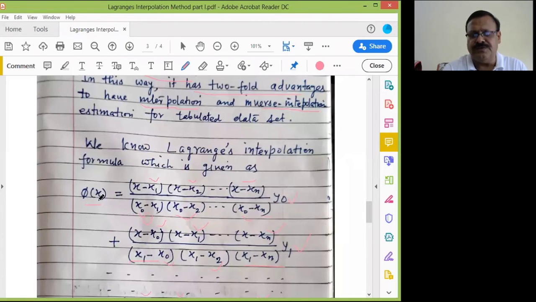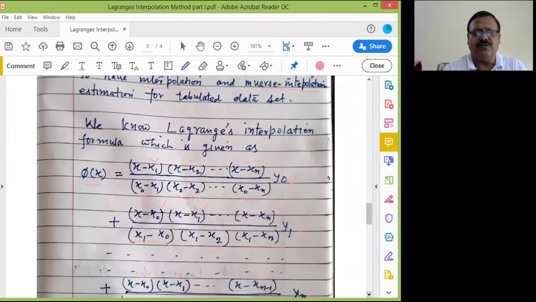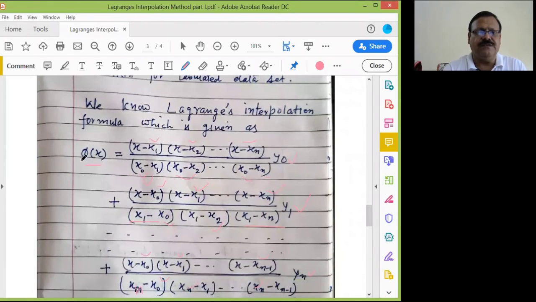But here, y won't be here because we are going to interchange. So if we interchange, x will be y, and this will be a function of y. If it is a function of y, what will we get?